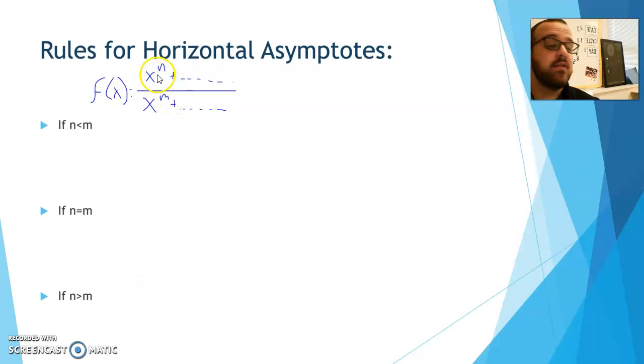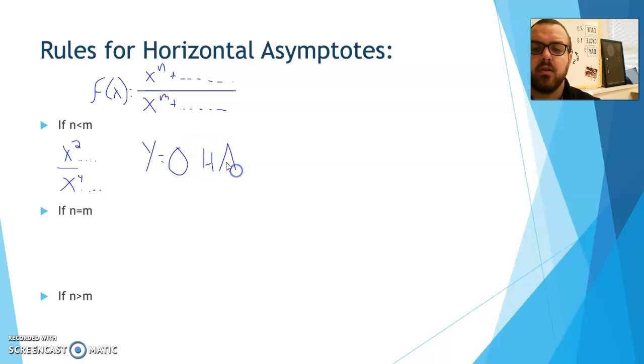Either the degree of your numerator will be less than the degree of your denominator, so something like x squared over x to the fourth, and who knows what else is part of this. If you have something like this, then your horizontal asymptote will be at y equals 0.